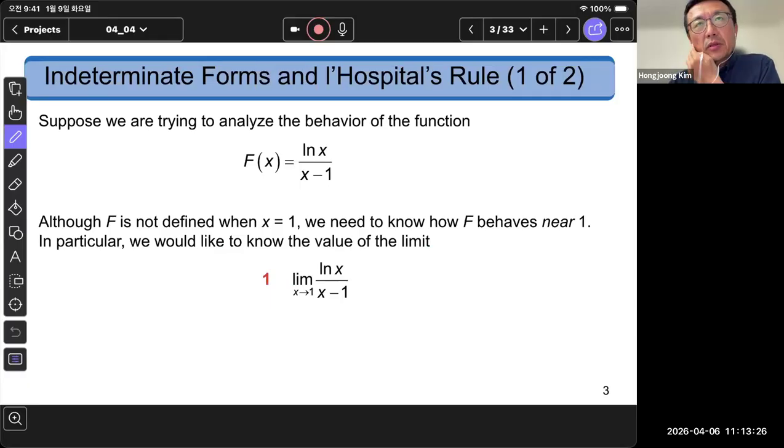So let us consider this f of x defined by log x over x minus 1, and I want to consider this limit as x approaches 1.